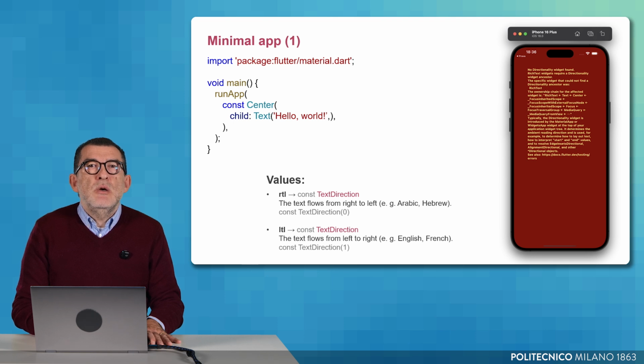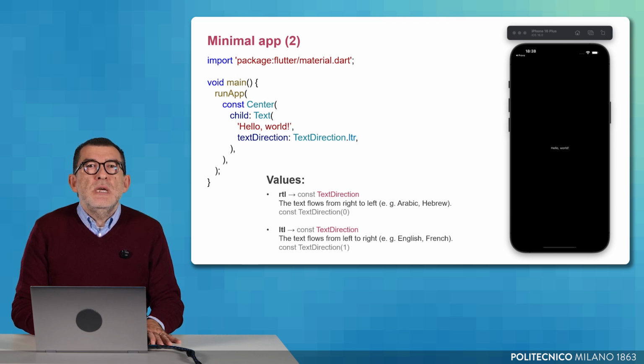This helps keep the code neatly formatted, particularly when using automatic formatting tools. If you run this complete main.dart code on your device or emulator, you will see something similar to the screen shown on the slide.